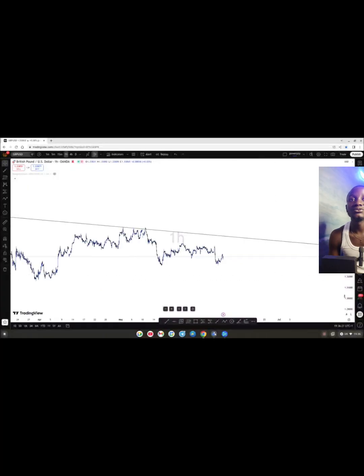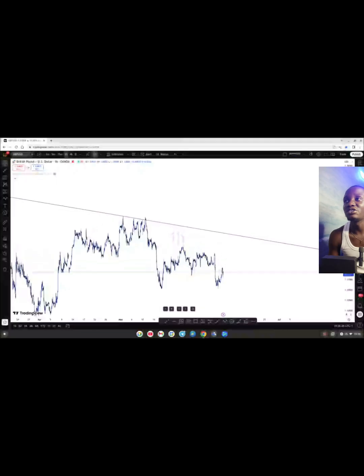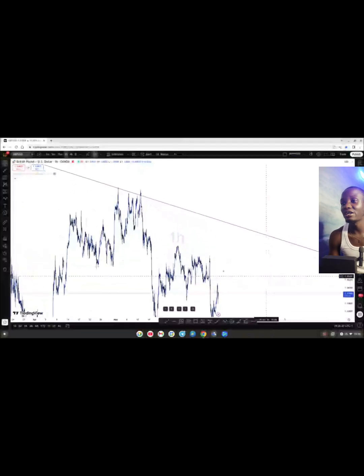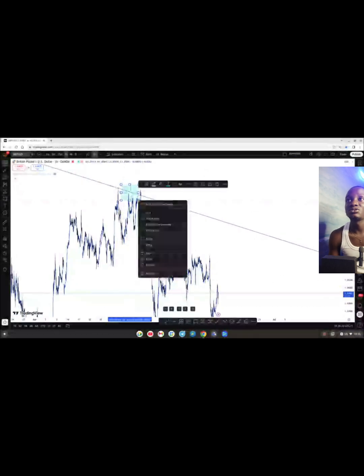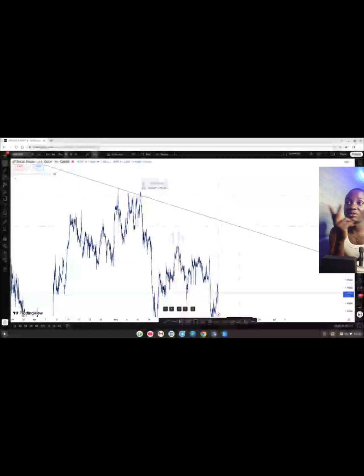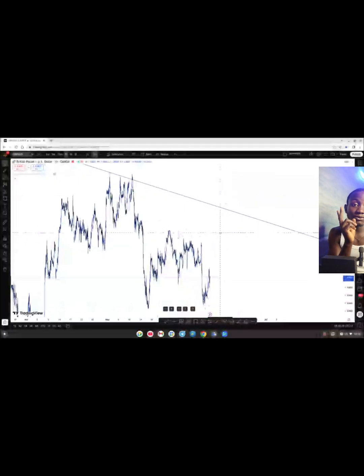Now, what will I do? Because I've taken the major line, the major point, you guys can remember this area. This point is the second touch which we marked from our 4 hours time frame. Now I'm going to mark my 1 hour counter trend line.